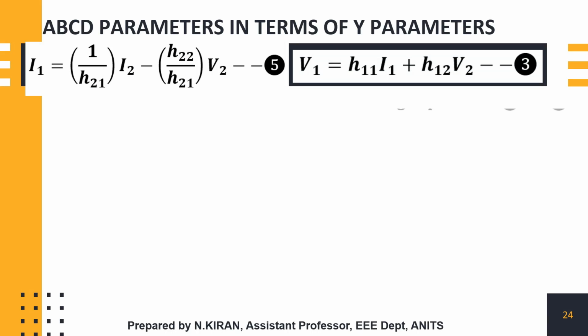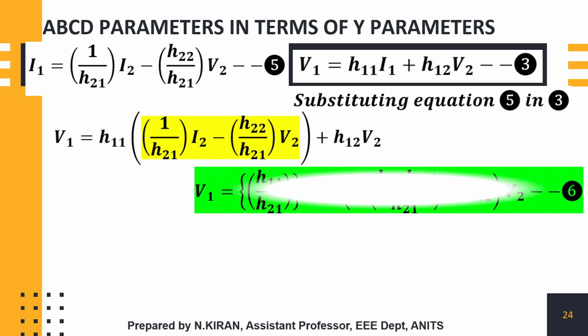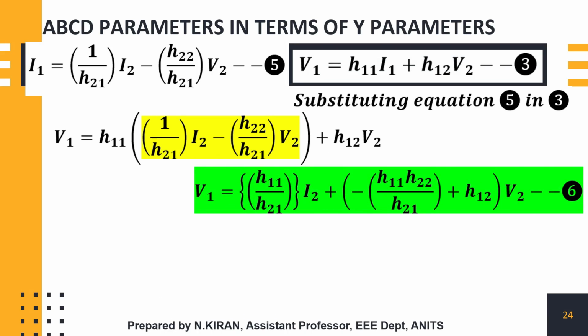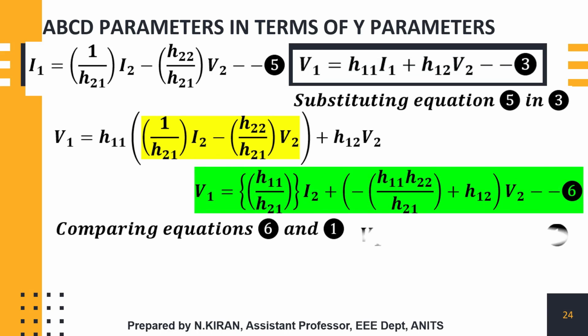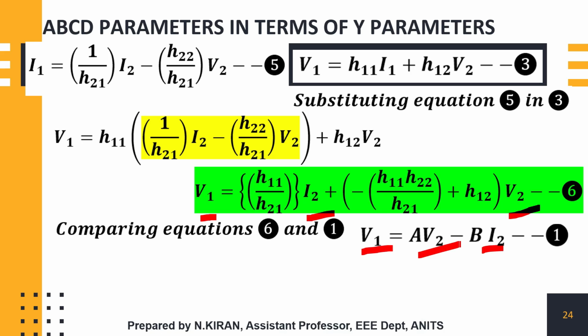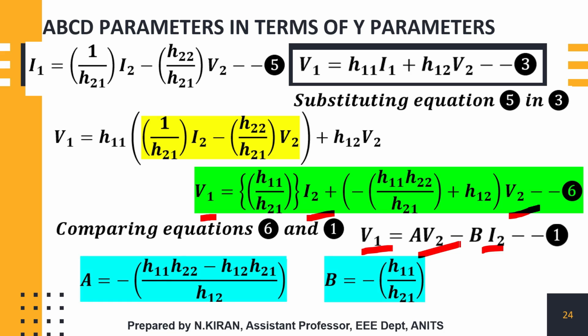On substitution, it will give me the following equation indicated as equation 6, and now I can compare it with the first equation since the variables are similar, which will give me A to be minus delta H by H12 and B to be minus H11 by H21.